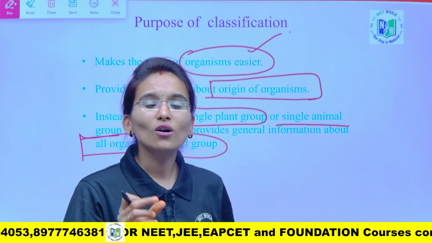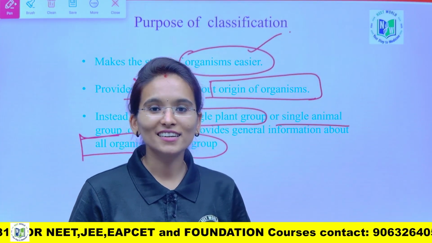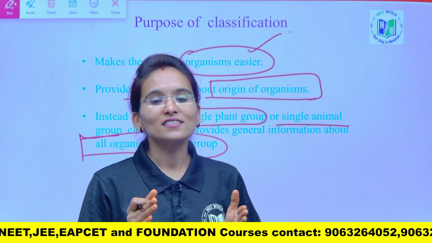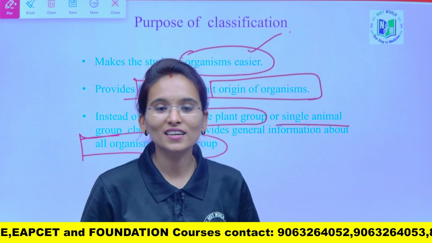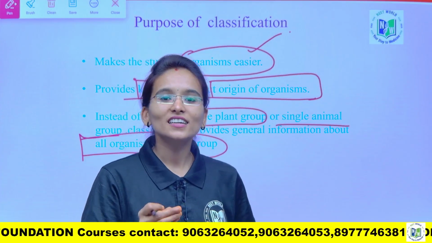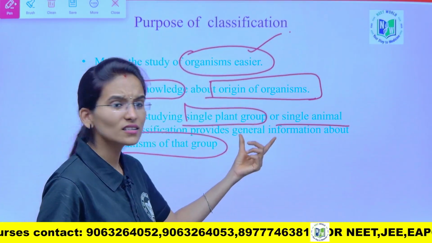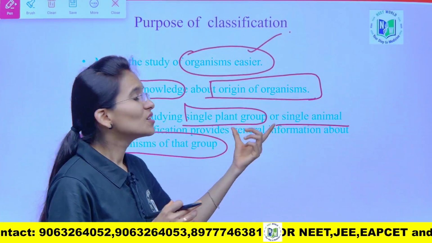It is not necessary to learn each plant in detail, but generally all plants are autotrophic in nature and green in color due to the presence of chlorophyll, and they contain the cell organelle called chloroplast. So this is the general information.